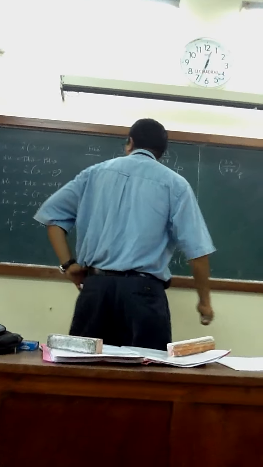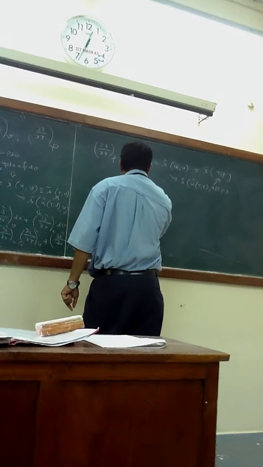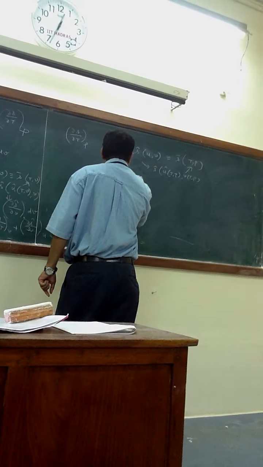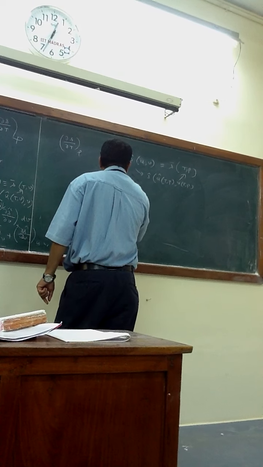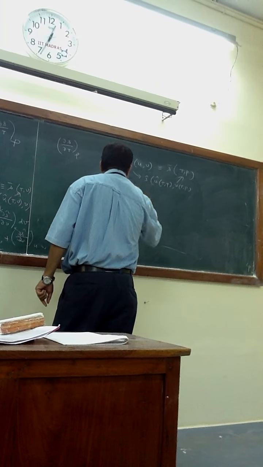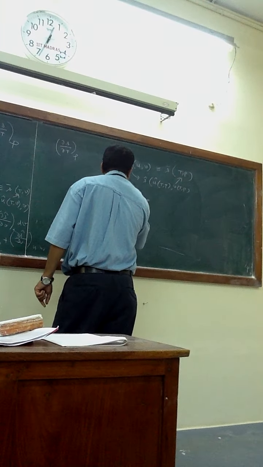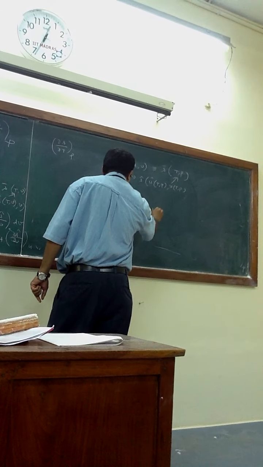Great. Okay. So you can write dH equals TdS plus VdP, and you can write TdS equals dH minus VdP, and dS equals 1/T dH minus V/T dP.